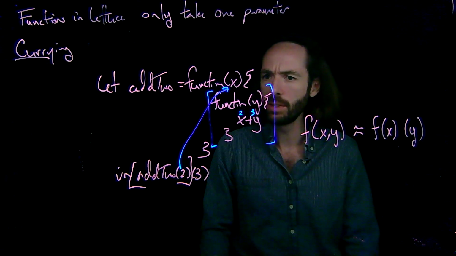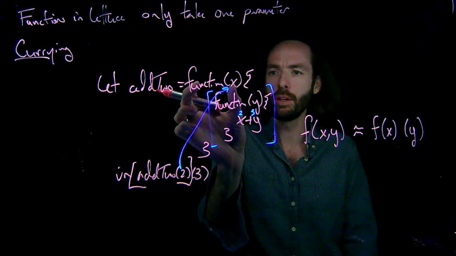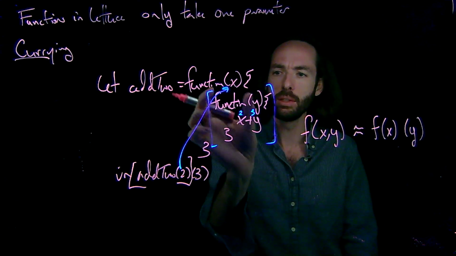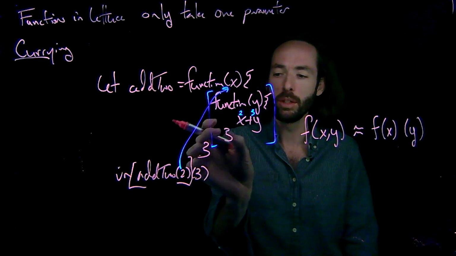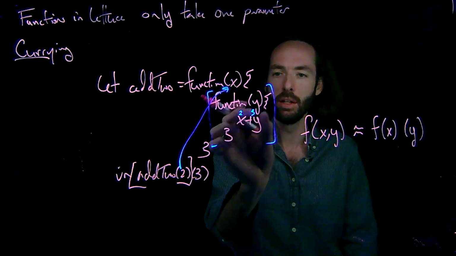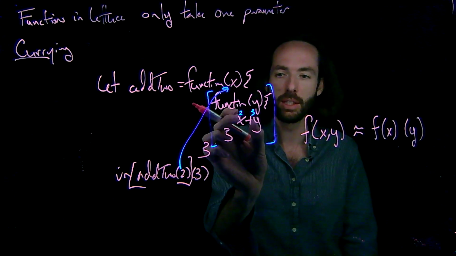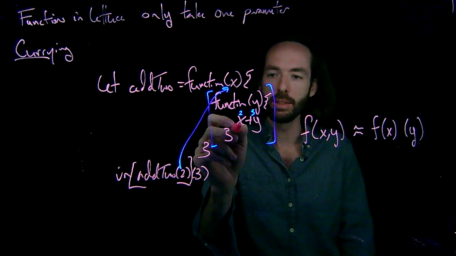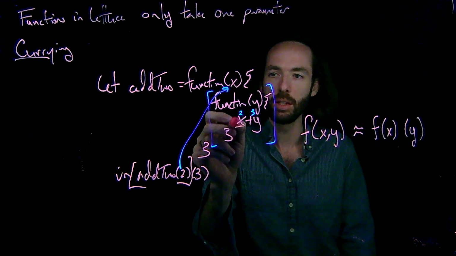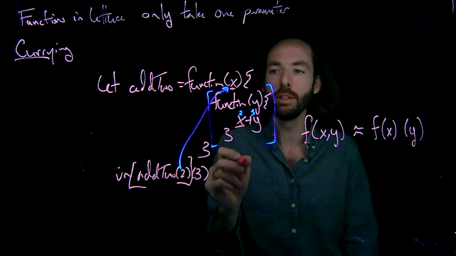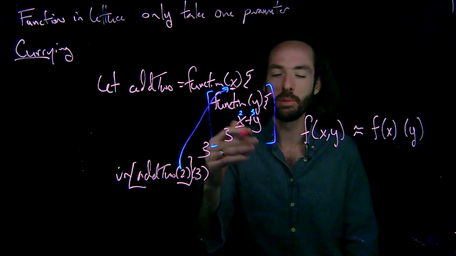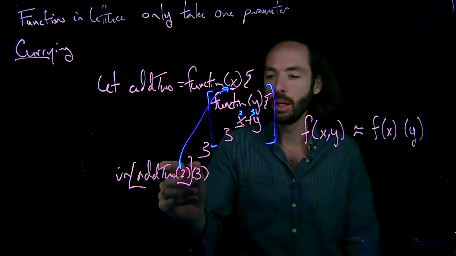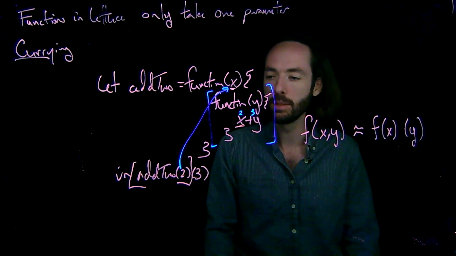So this does seem to do what we want. This function on x returns an anonymous function on y, and if we give a value to that anonymous function, then it does whatever's on the inside. And the nice thing is that inside the scope here, we can refer to the value of x. So we can nest a whole bunch of these in order to get as many parameters as we want. It's just that we end up writing it like this.